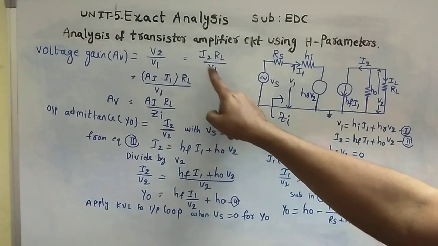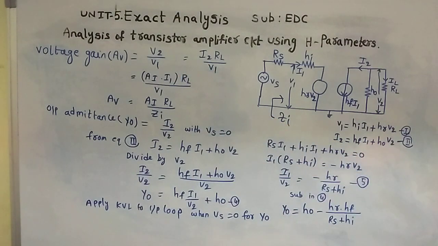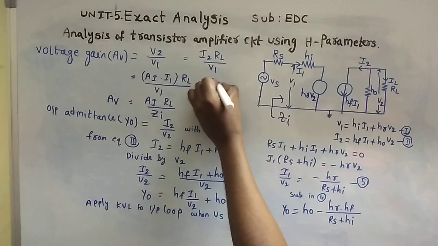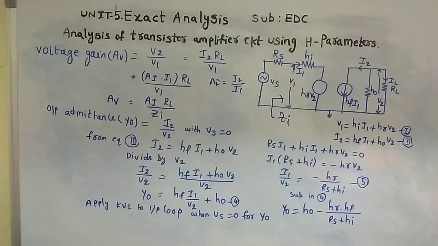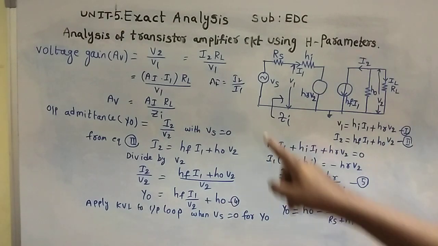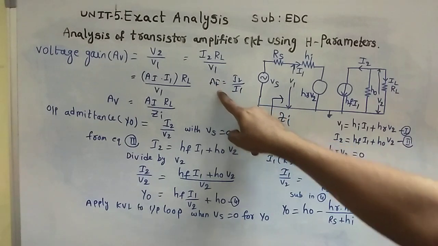Again we know that current gain is equal to I2 by I1. Then I am substituting I2 is equal to AI into I1.